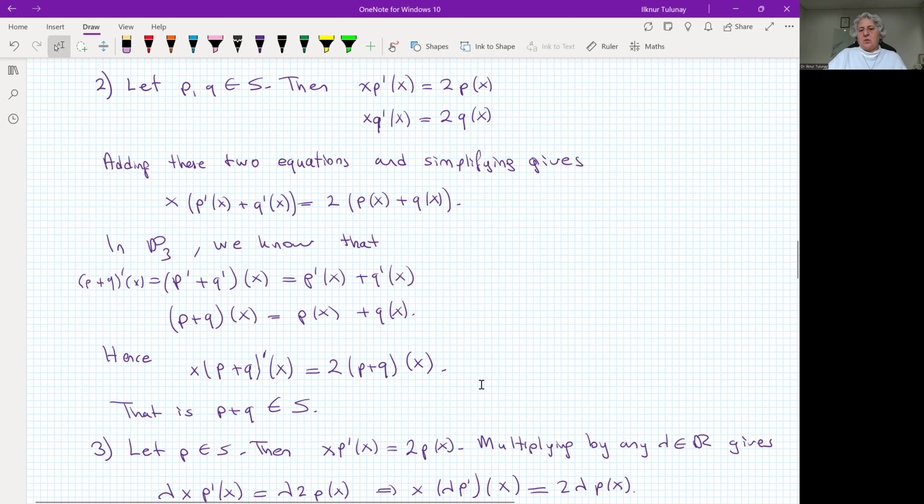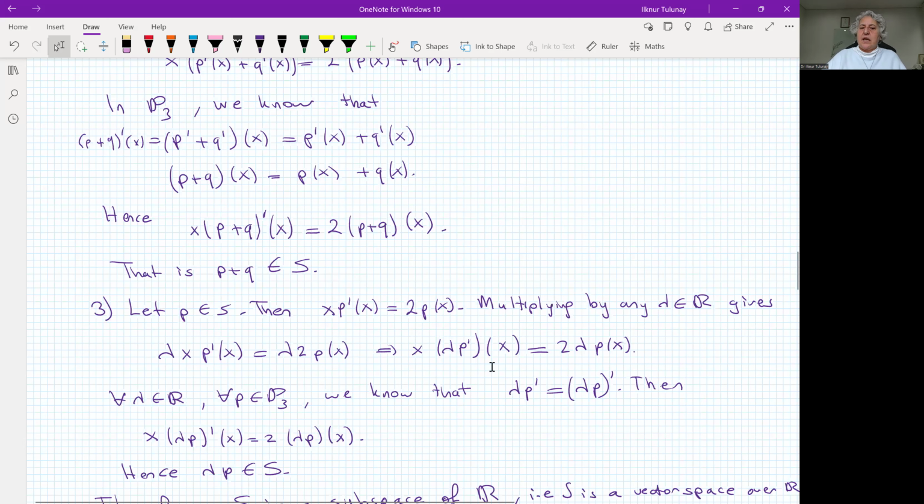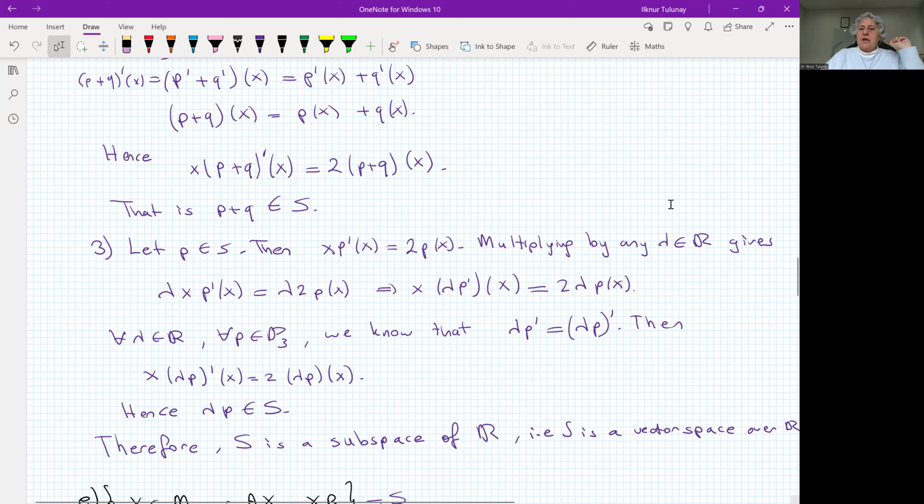So the last axiom that we would like to show is that S is closed under scalar multiplication. For scalar multiplication, we want an element from S and an element from the field, in this case the real numbers. Since P is in S, it needs to satisfy this equation.